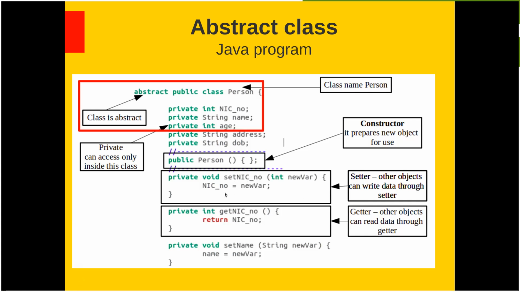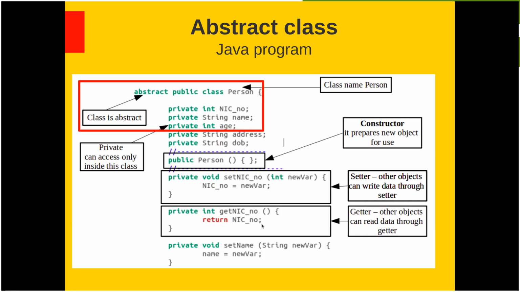We can write data through this method. We can read NIC through this getter method. Here you can see input parameters.